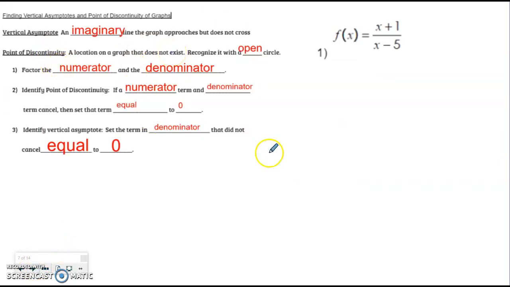Okay, so we're going to factor the numerator and denominator. That is done because it's already factored. The next thing is to identify the point of discontinuity. If a numerator term and a denominator term cancel, well, we don't have anything like that, so we don't have to worry about this. Now, to find the vertical asymptote, we're going to set our denominator, x minus 5, equal to 0, and then solve for x.